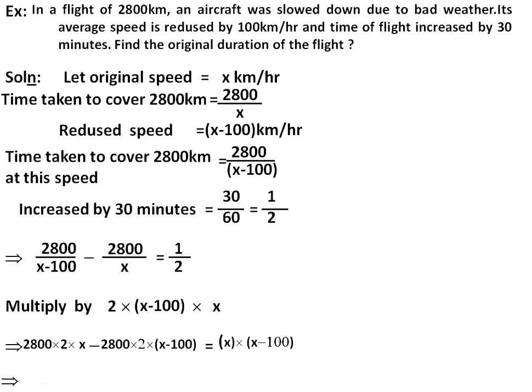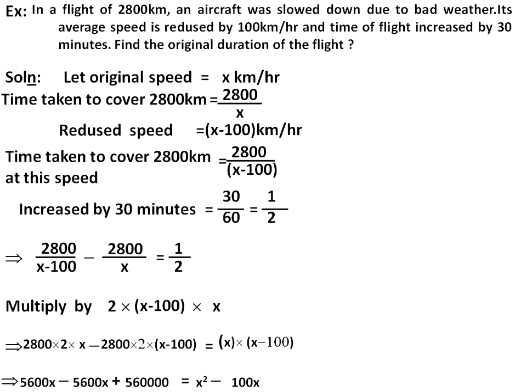So if I multiply 2800 into 2, I got 5600x minus 5600x, minus minus plus, I got plus 5600 into 100, that is 5,60,000, that is equal to, if I multiply x into x, that is x square minus 100x.